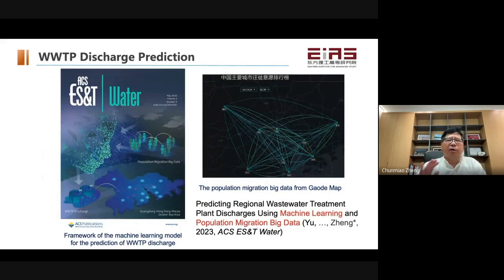Okay, now I mentioned earlier that in this study we use quite a bit of big data and machine learning to help us, because this is a very large region with a lot of contaminant sources, including point sources and non-point sources. One major point source is the wastewater treatment plant.